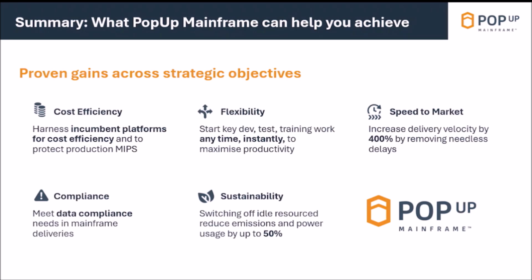PopUp Mainframe revolutionizes mainframe delivery by providing teams with an immediately available, fully functioning mainframe environment. This enables faster deliveries with greater flexibility at greatly reduced cost and risk. The PopUp Mainframe solution also supports organisational sustainability efforts through a lower carbon and emissions footprint.